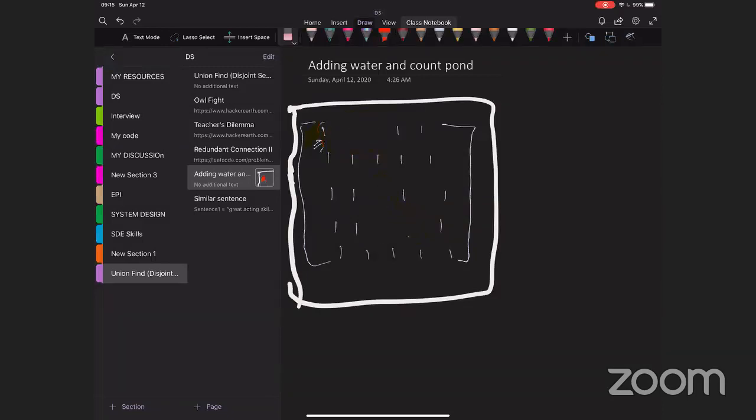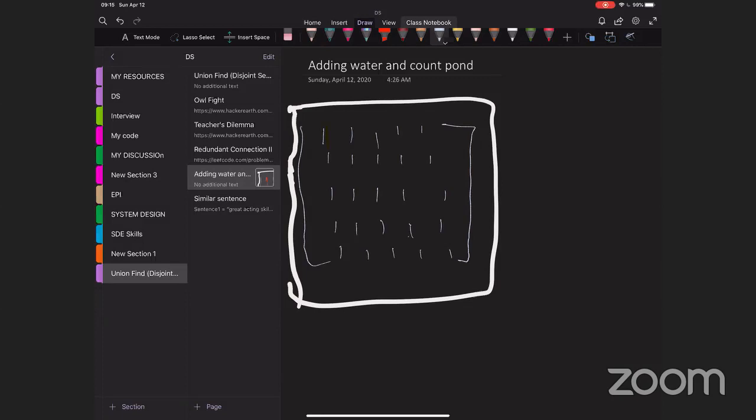I'm just changing the question a little bit. The question is kind of similar, but the difference is that I have been given all land, and then what I was told is to mark a point with water.